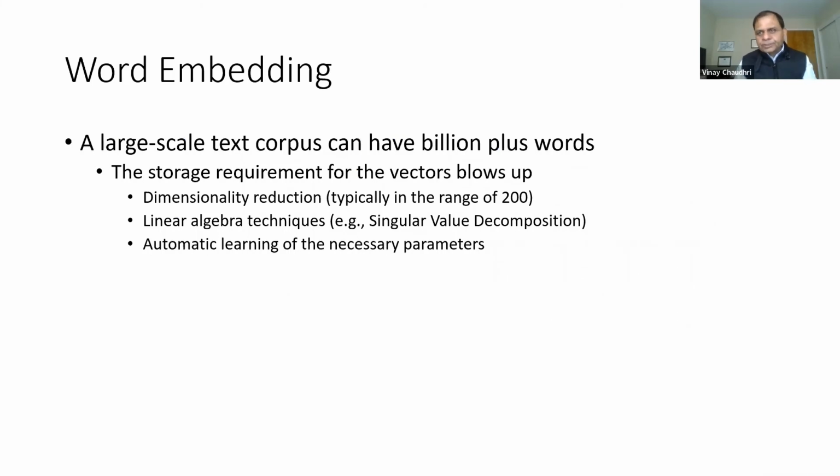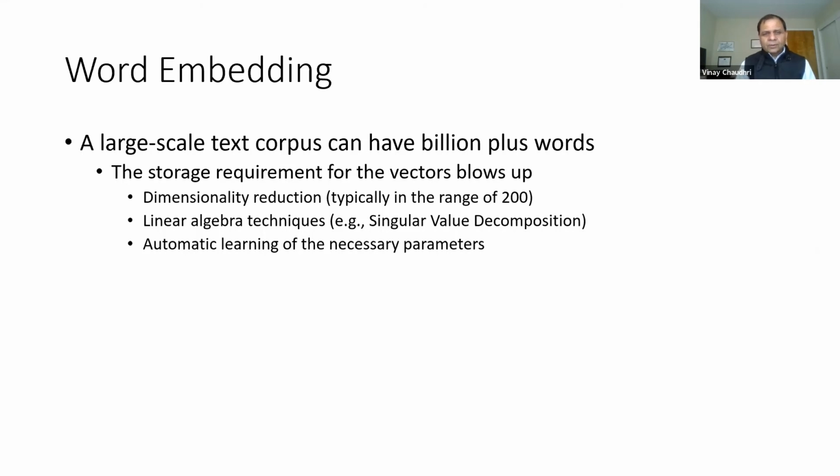The reality, of course, is much more complex than the story I've just given you, because our text corpus is not going to have just 3 sentences. It's going to have billion plus words. And if you use the naive approach that I just explained, the storage requirement will blow up. And in practice, you have to do dimensionality reduction. Typical word vector representations which are being used these days are typically in the range of 200 in size.